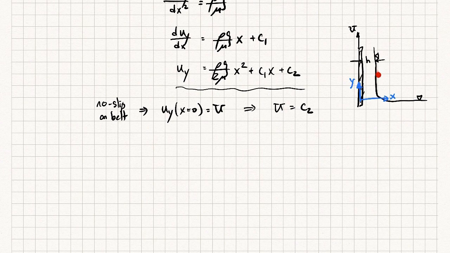This surface is not touching a belt. Really what it's touching is just the atmosphere here. Actually, there is a no-slip boundary condition on this surface. What it says is that the liquid velocity on this surface should be the velocity of the atmosphere on that surface as well. So the atmosphere is actually not stationary here.